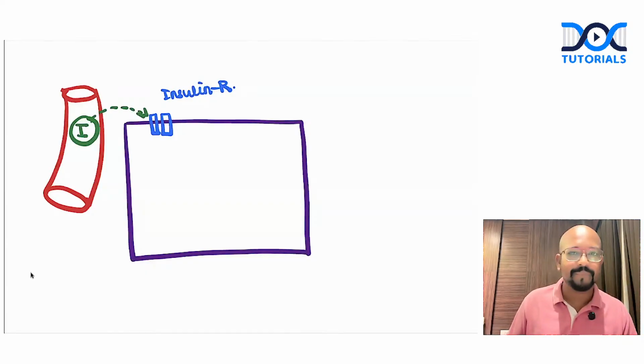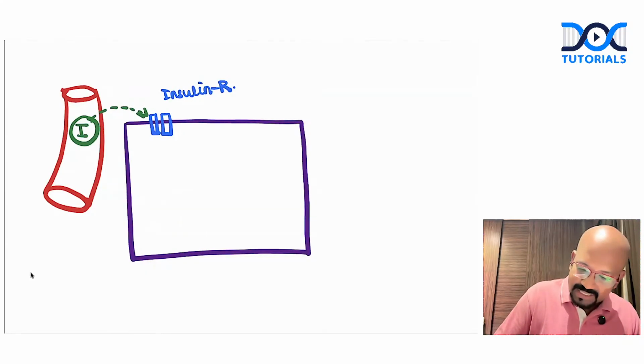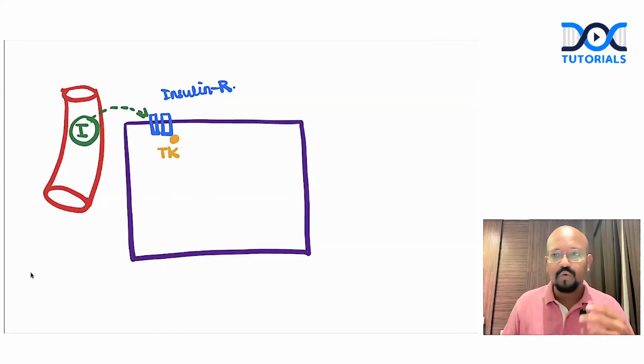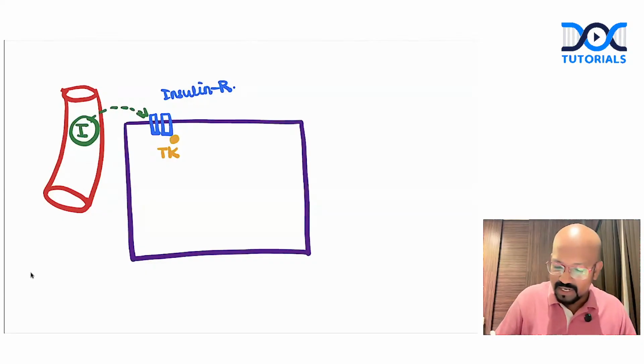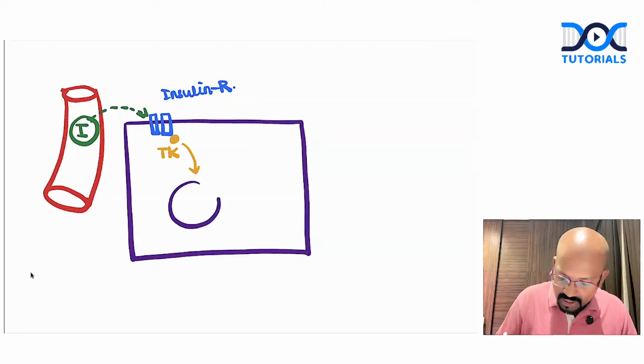That's the concept behind it. Insulin receptors intracellularly are bound with tyrosine kinase molecules. What's the function of tyrosine kinase, which is again an enzyme present intracellularly? An impulse will land up inside the nucleus of this particular cell. We have the nucleus. The impulse will gain entry into the nucleus.